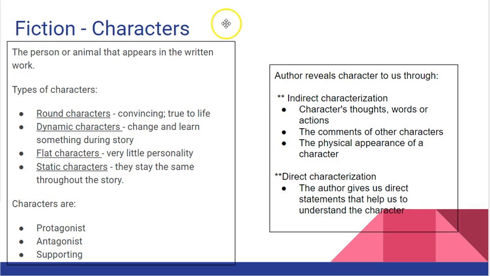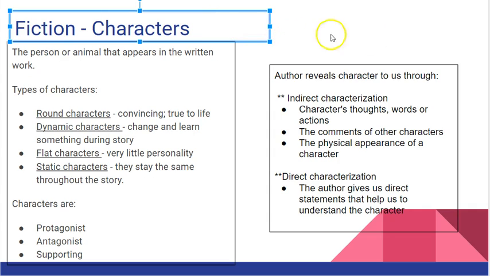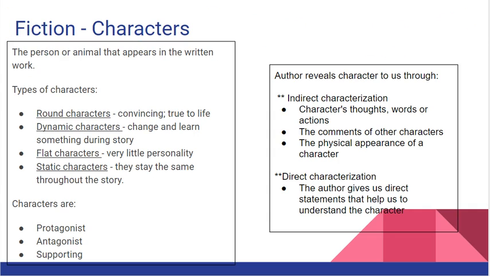Let's look here at fiction's characters. A character is the person or animal that appears in a written work. So now we're looking at the characters within the fictional work. There are many different types of characters. There are 4 types listed here under types of characters. We also have listed that characters are protagonist, antagonist, and supporting type of characters.